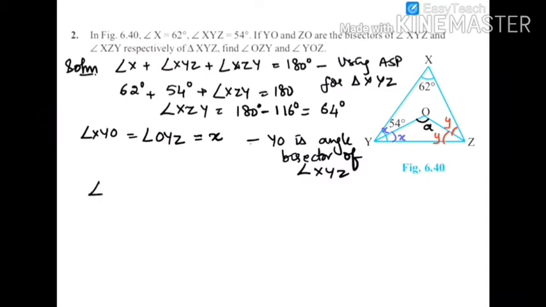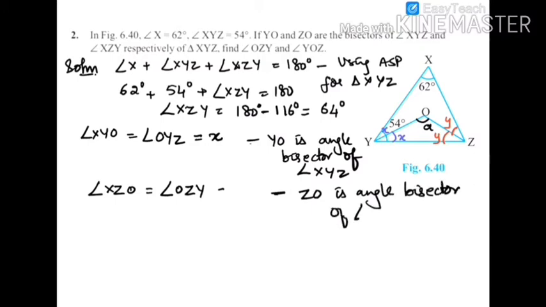So we have marked these two angles as x. Similarly, angle XZO is equal to angle OZY. Reason: ZO is angle bisector of angle XZY, and we have marked these angles as y in the figure.